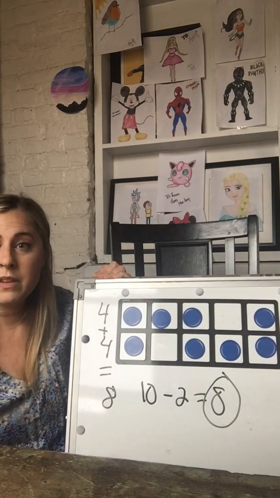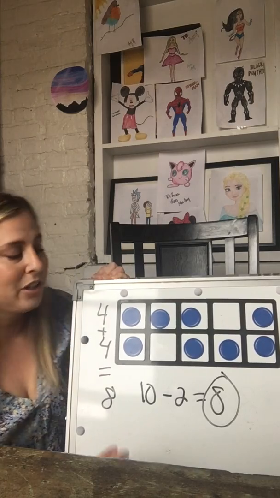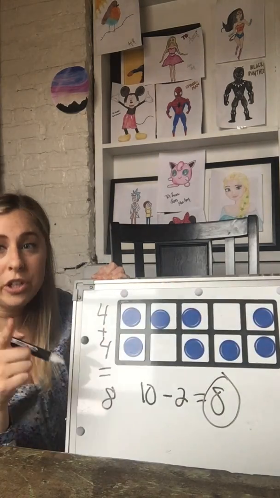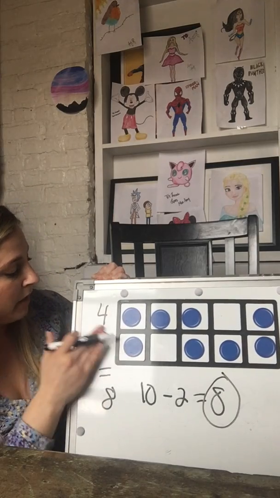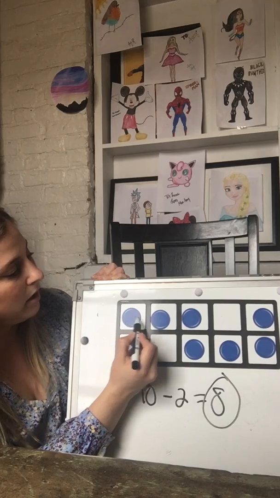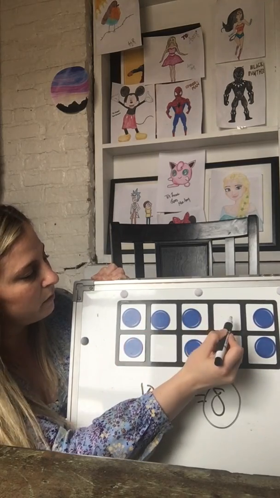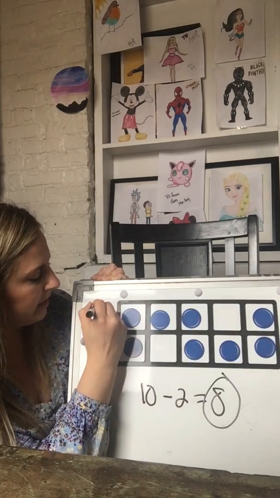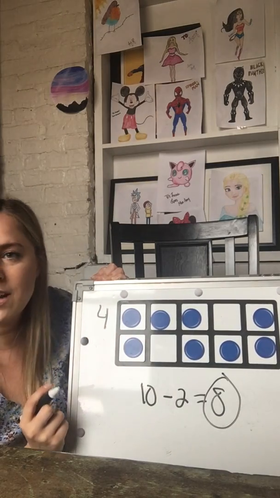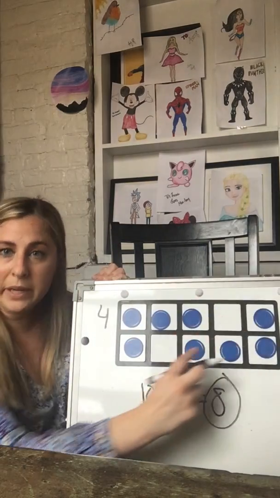For some, especially my AM learners, you're probably going to be counting them one by one. Or you could do this. This is a different way. Instead of doing 4 plus 4 equals 8, you could do, oh, Miss Amy, I know there's supposed to be 5 here. One's missing, that's 4. But I don't know what 4 plus 4 is, so I have to count the rest. But you start with the bigger number.